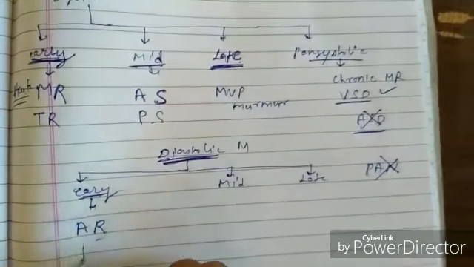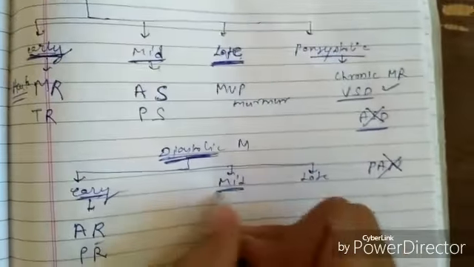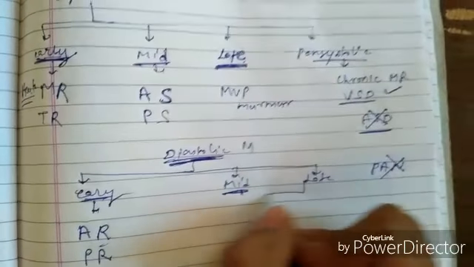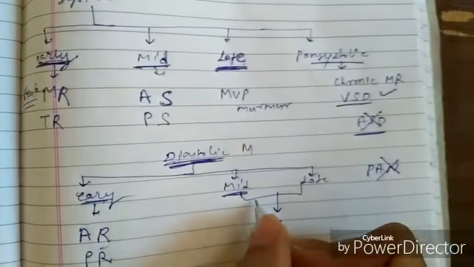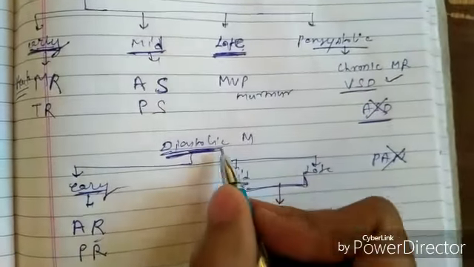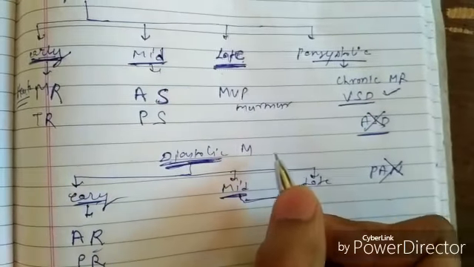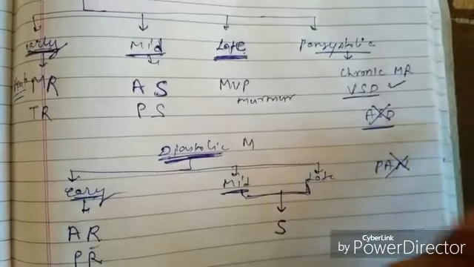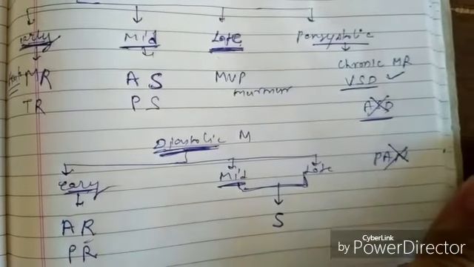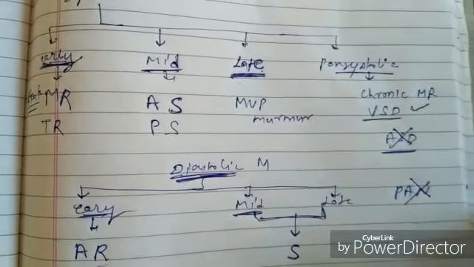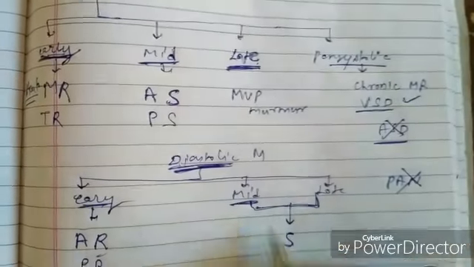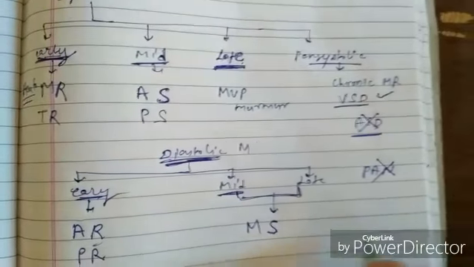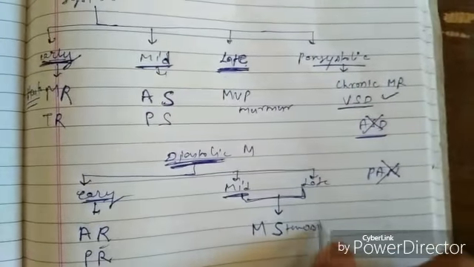So early diastolic means aortic regurgitation or pulmonary regurgitation. Mid or late, that is delayed, means stenosis, and the late part of diastole is the opening of the AV valve so that blood can come into the ventricles. So it is mitral stenosis or tricuspid stenosis.